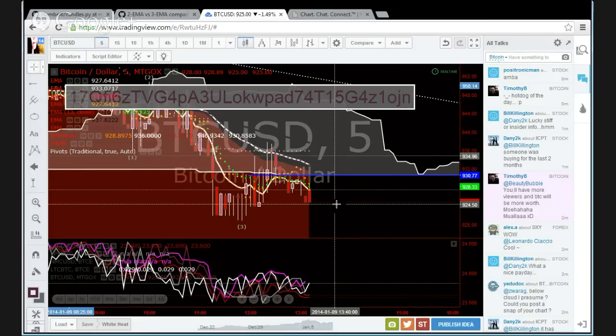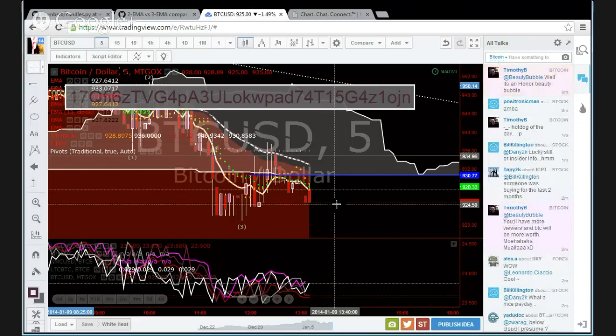That's why pivots are kind of fun. Don't be all scatterbrained, looking at this system and that system. Just be methodical with your data points, whether they're support and resistance, pivots, daily highs and lows.